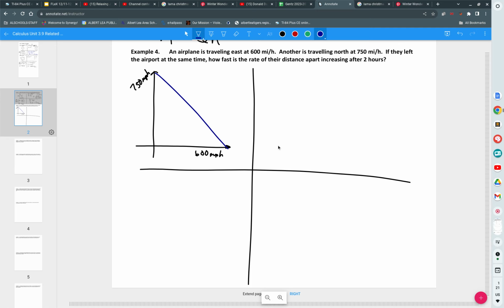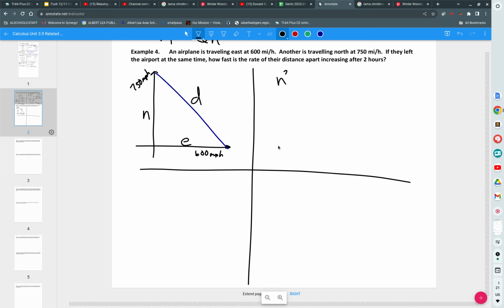Okay. I'm going to use the variable n to describe the distance north. I'm going to use the variable e to describe the distance to the east. Anybody think of an equation? Pythagorean theorem, and I would call this d.